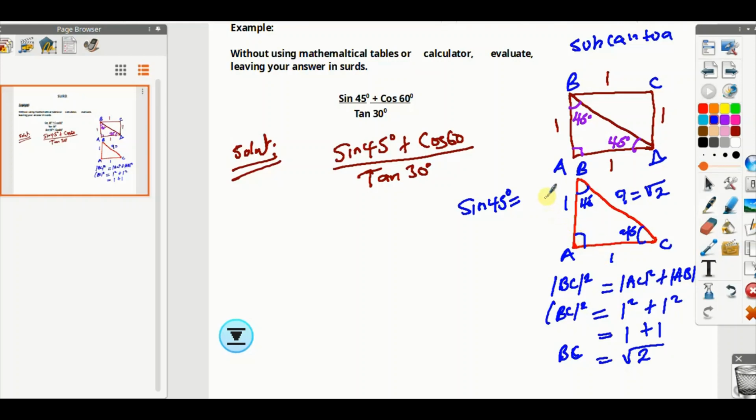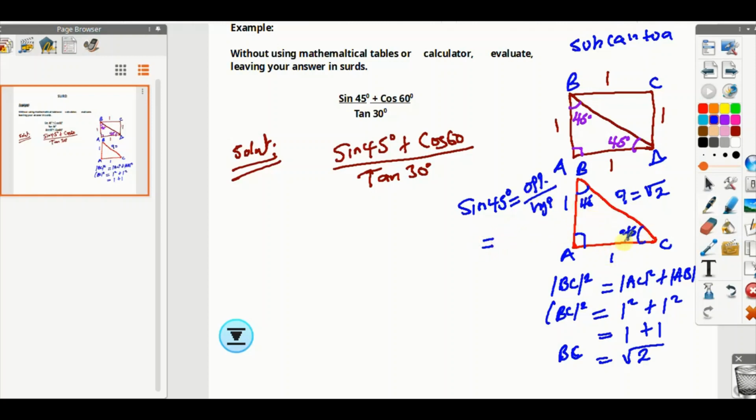So from here, sine 45, which is our sine, is opposite over hypotenuse. That is the easier way for you to remember this formula. So now, sine 45 will be equal to the opposite, which is 1.